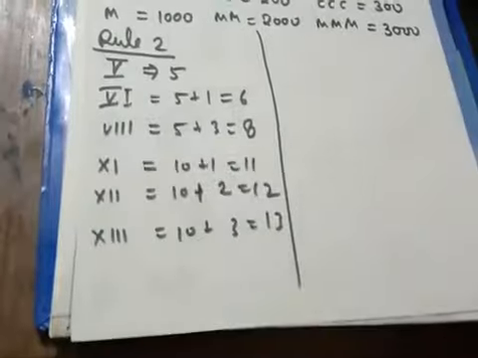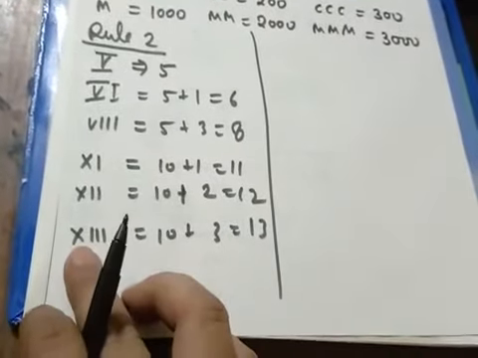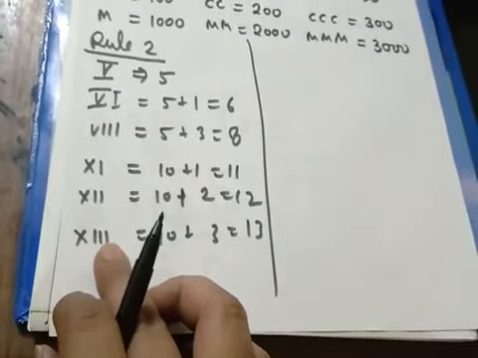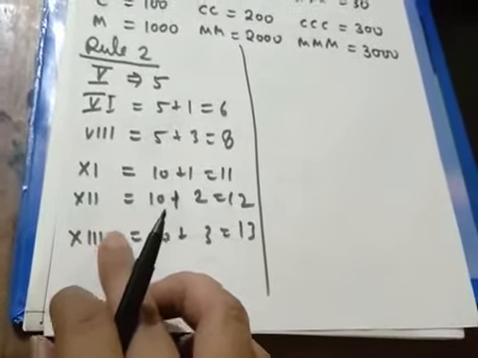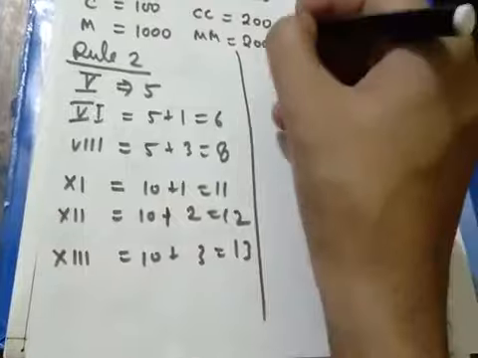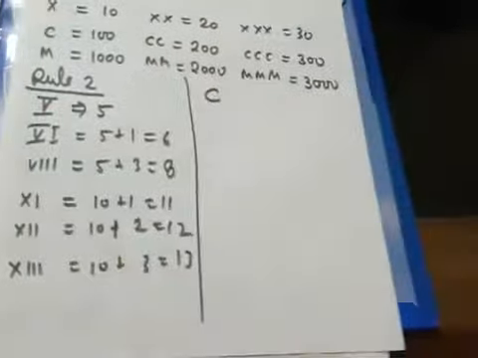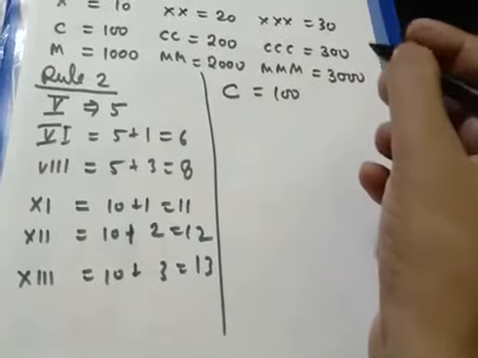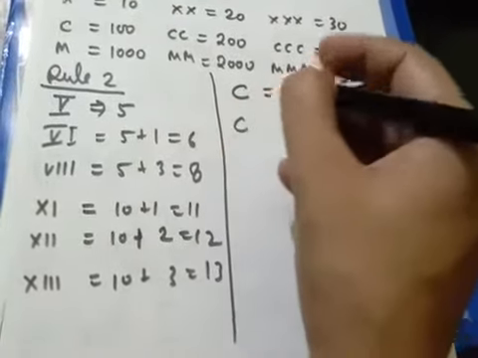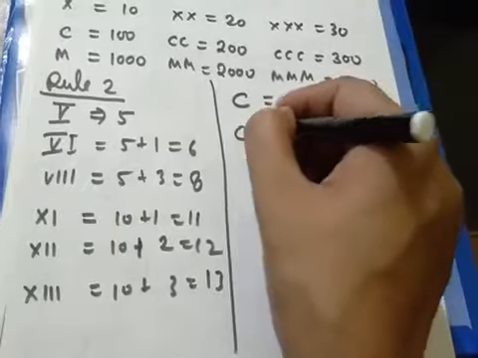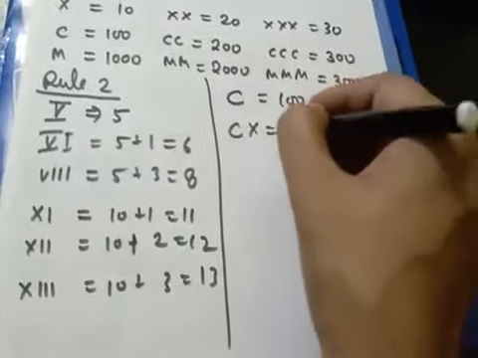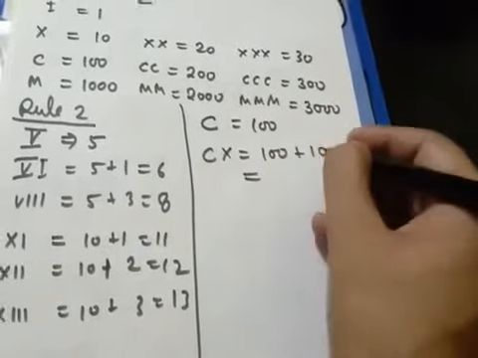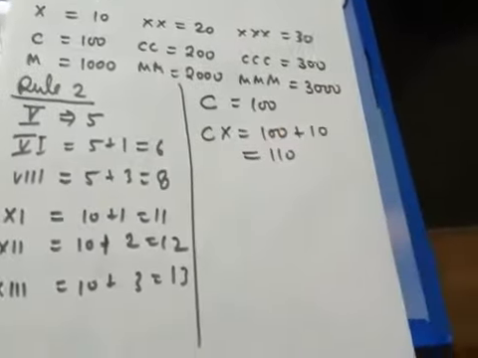So you can see that if the number is greater and we keep the smaller number to the right-hand side, it is added. Taking some more examples, the value of C is 100, as I told you earlier. If we write C and then the symbol X, C means 100 and X means 10, so the value becomes 110.